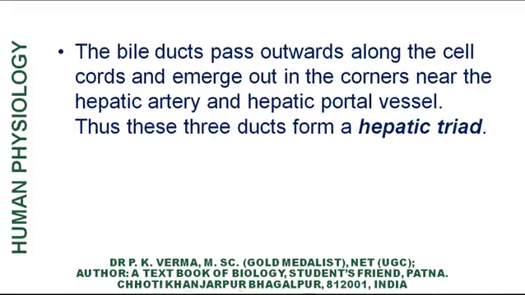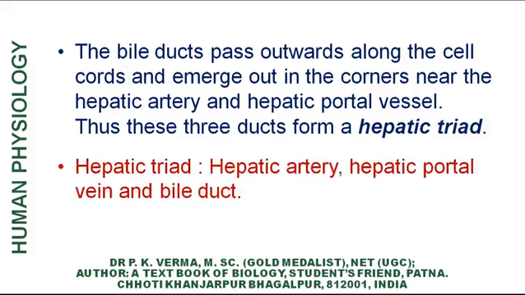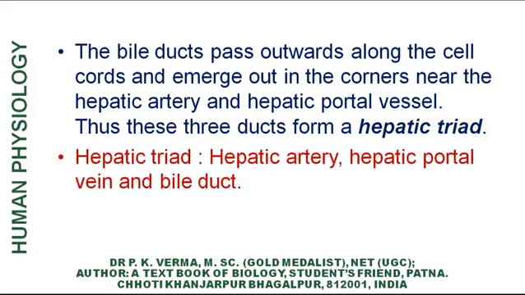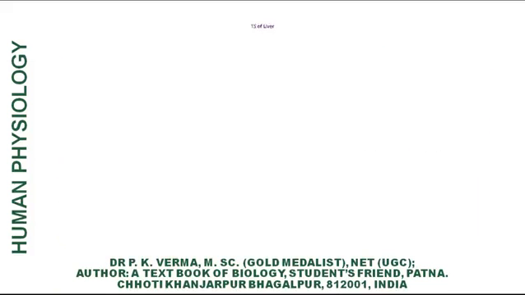The bile ducts pass outwards along the cell cords and emerge in the corners near the hepatic artery and portal vessels. Thus, these 3 ducts are known as the hepatic triad. The hepatic triad thus includes the hepatic artery, hepatic portal vein, and the bile duct.